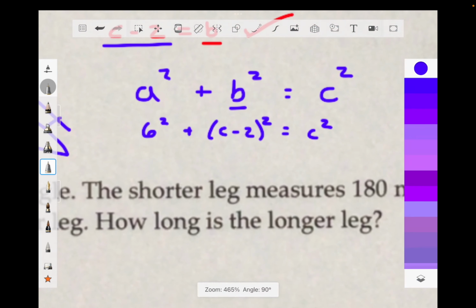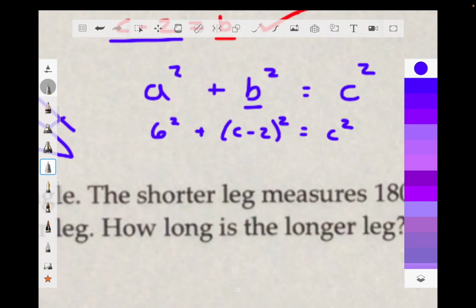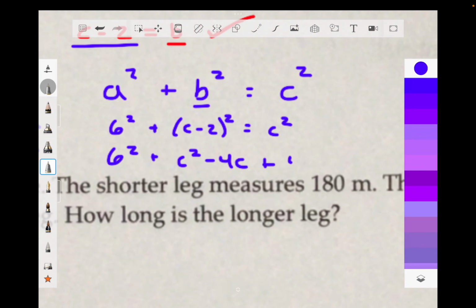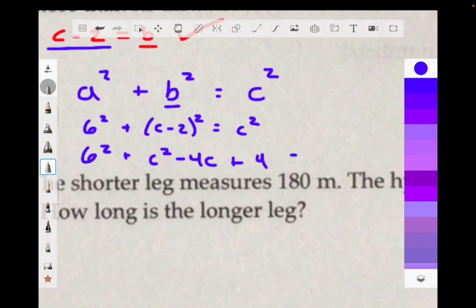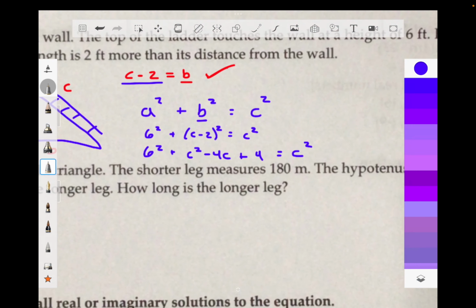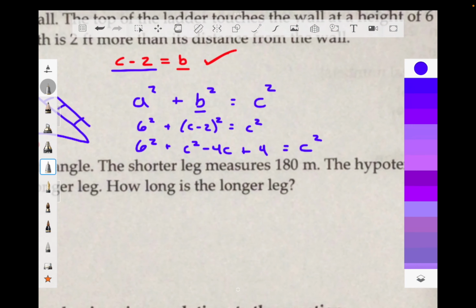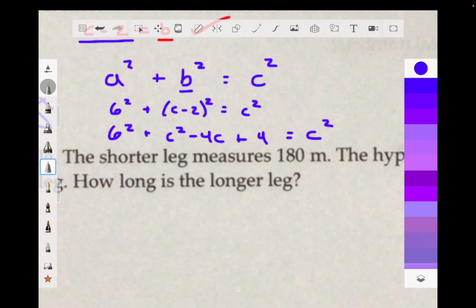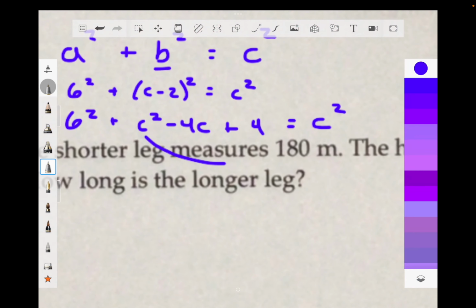But I'll just do it right now, I guess. This equals c squared minus 4c plus 4 equals c squared. Bring all the c terms to one side and all the numbers by themselves to the other. So we'll subtract c squared from both sides.